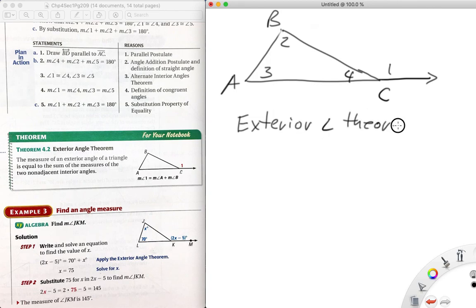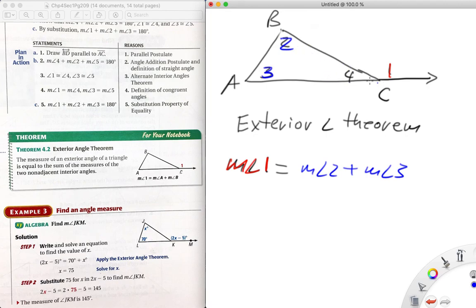It says that the measure of angle 1 is equal to the measure of angle 2 plus the measure of angle 3. That is the exterior angle theorem. This angle on the outside is equal to these two guys.